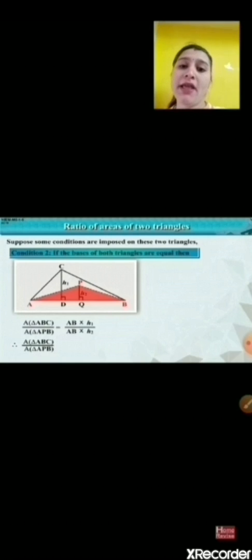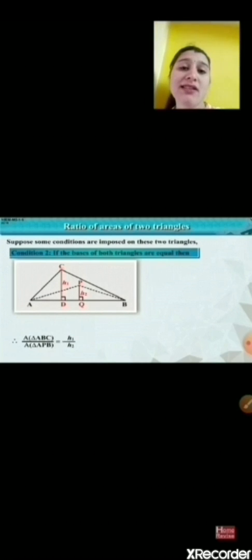So left is H1 upon H2. You have to draw this diagram as well as this sum with the property given here. The ratio of the area of two triangles with equal base is equal to the ratio of their corresponding heights.